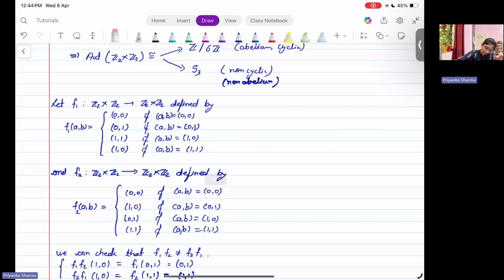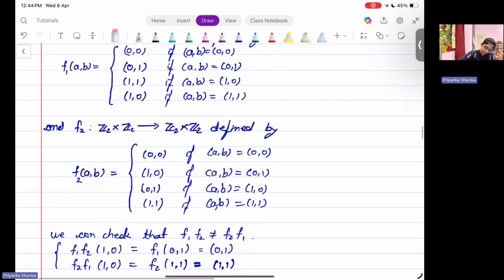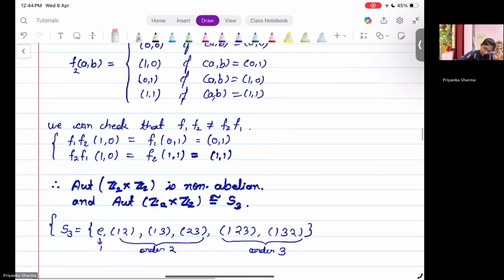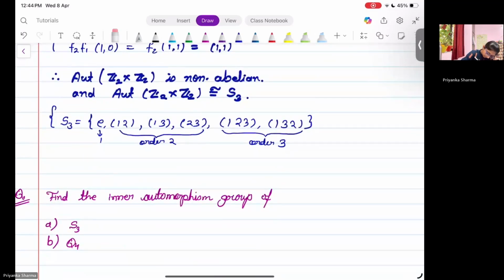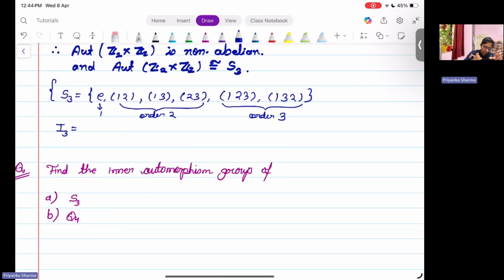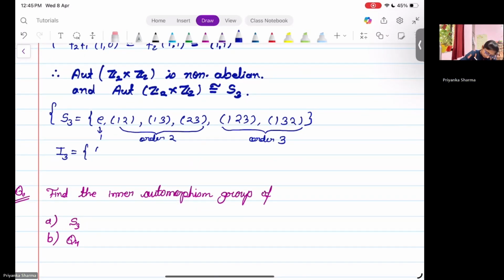We have 3 elements: (0, 1), (1, 0), and (1, 1).